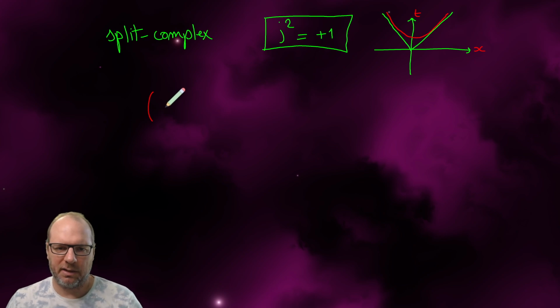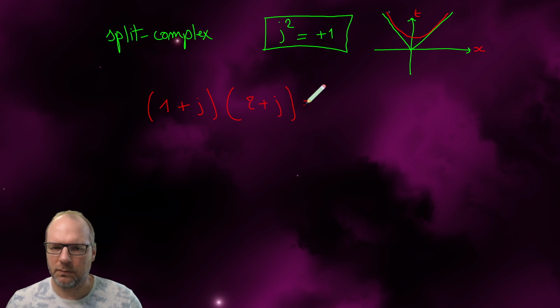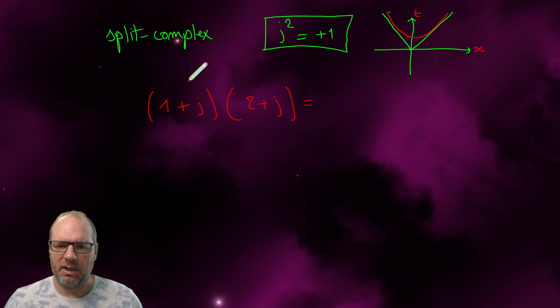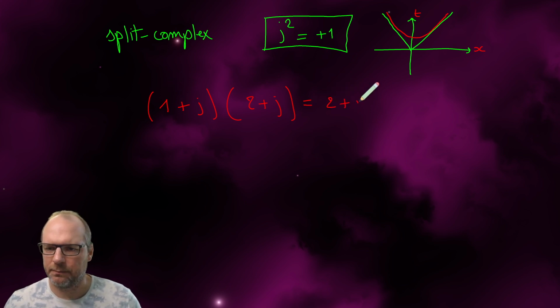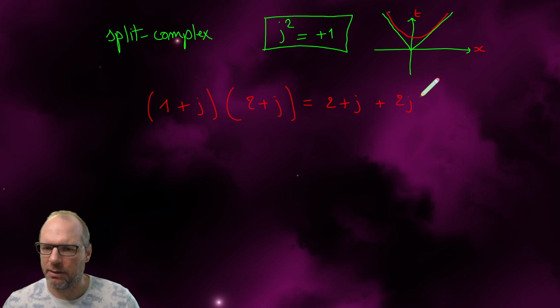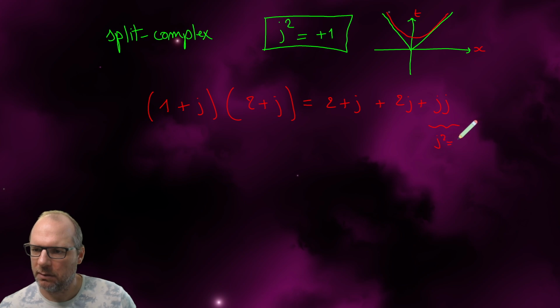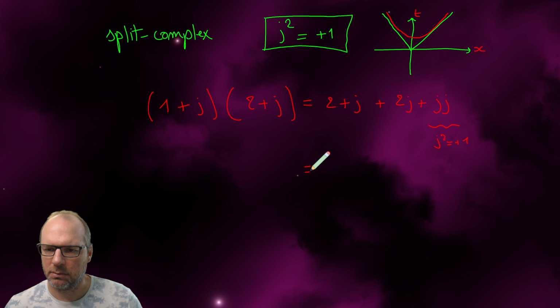And we can calculate everything we want. 1 plus j multiplied by 2 plus j. So we have 1 times 2 plus j, plus j times 2j, plus j times j. Now we can use the rule for j squared equals +1.